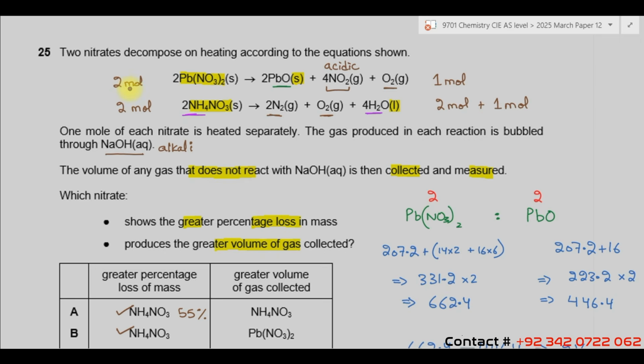So we can see that 2 moles form 1 mole of gas which is collected, and these 2 moles form 3 moles of gas collected. So we can say that ammonium nitrate forms greater moles of gas which is collected. The correct answer is therefore A.